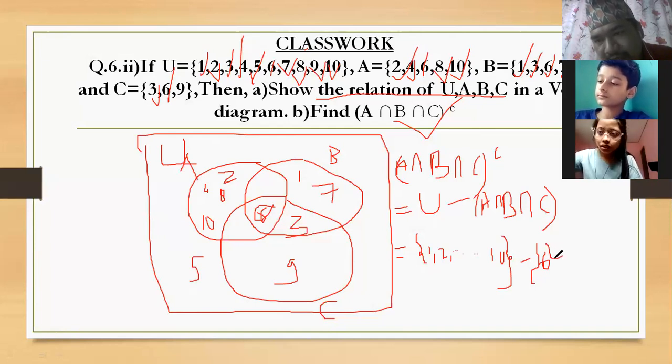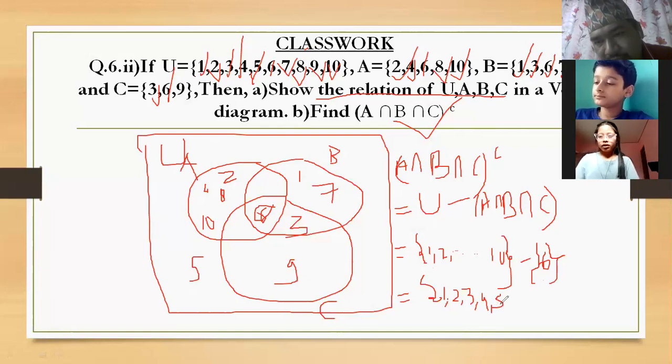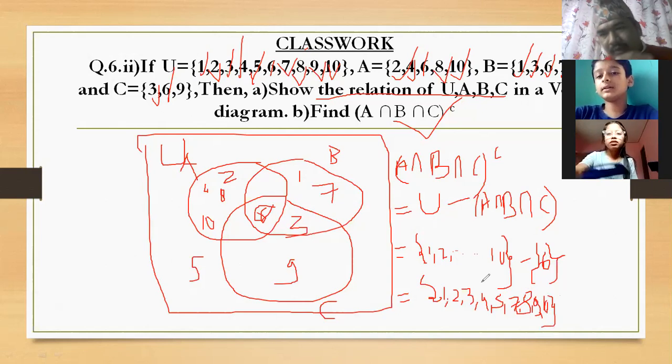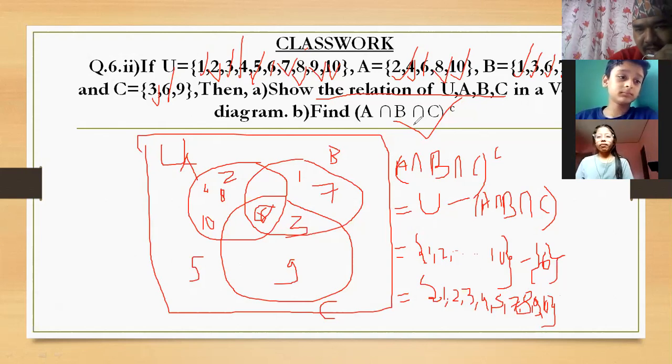Then subtract that, what will the answer be? The answer will be all except 6: 1, 2, 3, 4, 5, but there will not be 6, okay? 7, 8, 9, 10. Have you understood, children? Yes, sir. Okay, like this we found A intersection B intersection C complement.